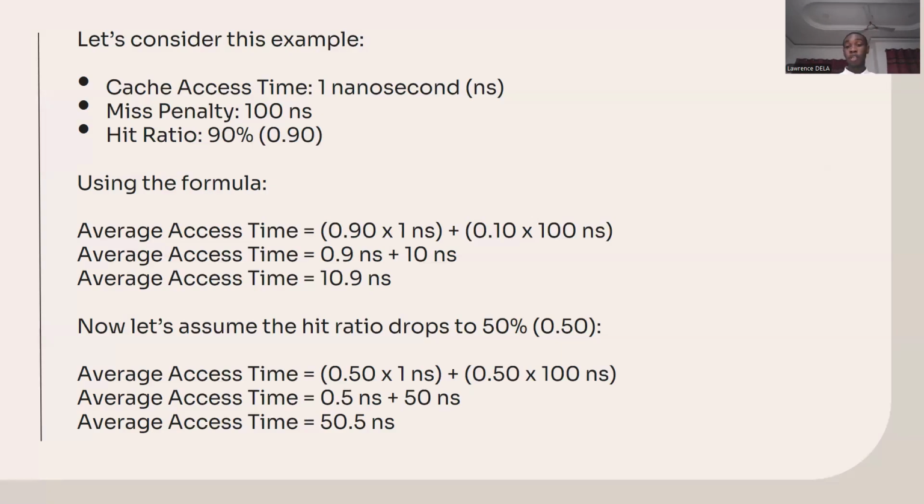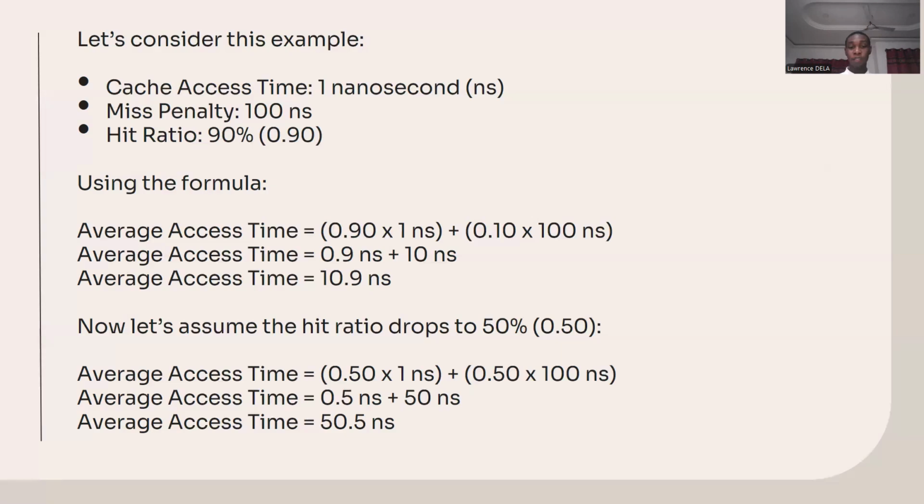But let's assume the hit ratio drops to 50%, that is 0.50. Average access time equals 0.50 times the cache access time of 1 nanosecond, plus 0.50 times 100 nanoseconds.